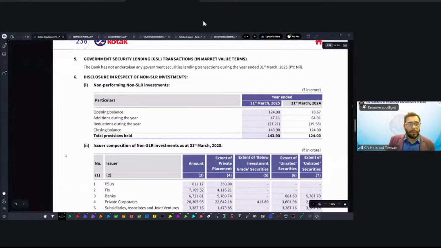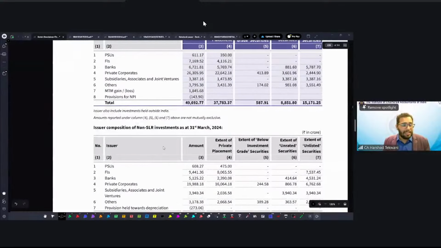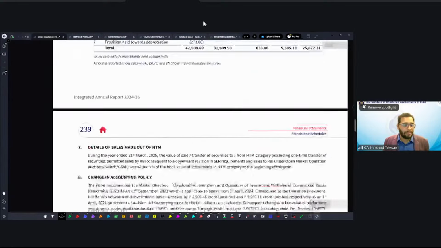One such example is this one: disclosure in respect of non-SLR related investment, non-performing non-SLR investments, issuer composition of non-SLR investments. So these are non-SLR investments, meaning they are other than the SLR purpose investments.